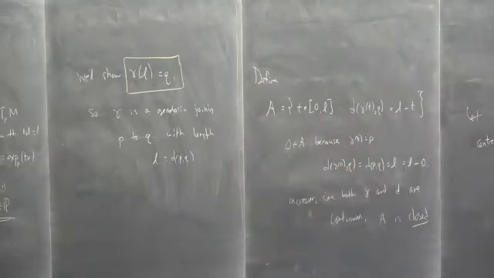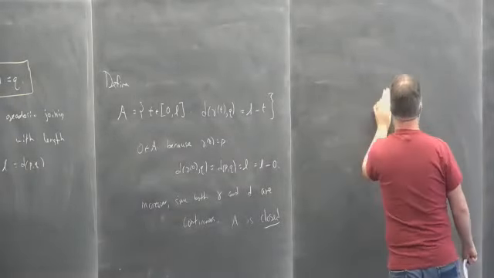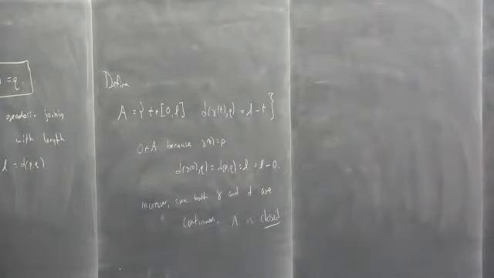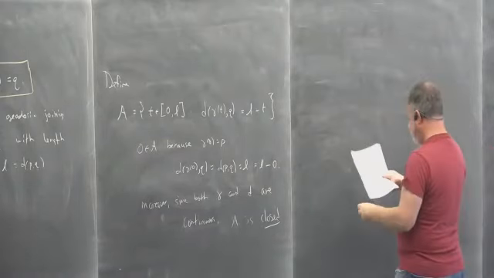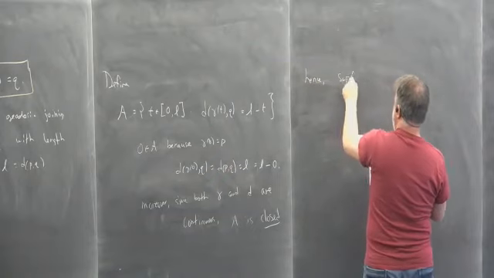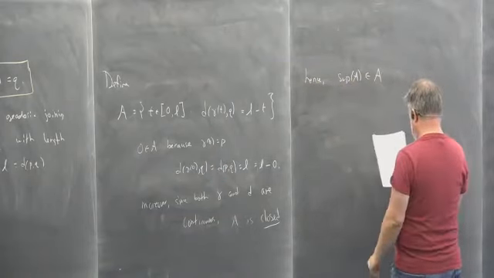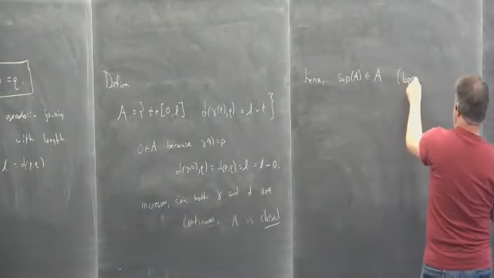Okay, so I have a non-empty subset of 0, L, and it's closed. So hence, the supremum of A is contained in A because A is closed.